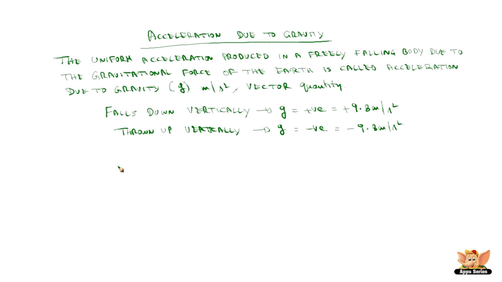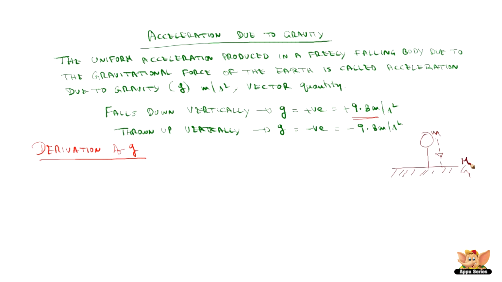So let us do a calculation of g. Let us see how we arrived at this figure of 9.8 meters per second square. So basically we will see the derivation of g. Let's say we have a stone, this is the ground level, and the stone of mass m is falling down. The stone is a freely falling body.